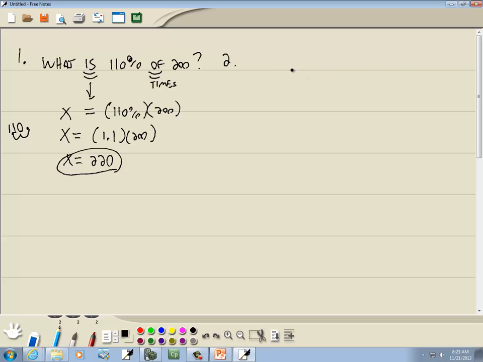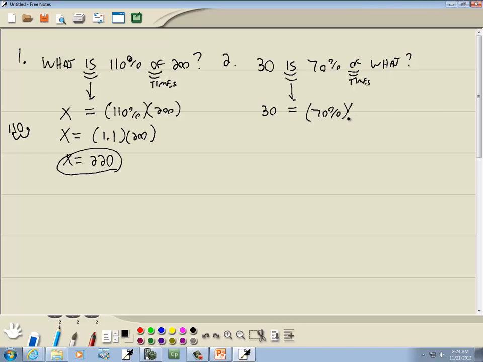Okay, this one is 30 is 70% of what? Now remember what the word is does. That's your equals. And this is 30 on this side of the equals. And the of is your times. So this says 70% times something.